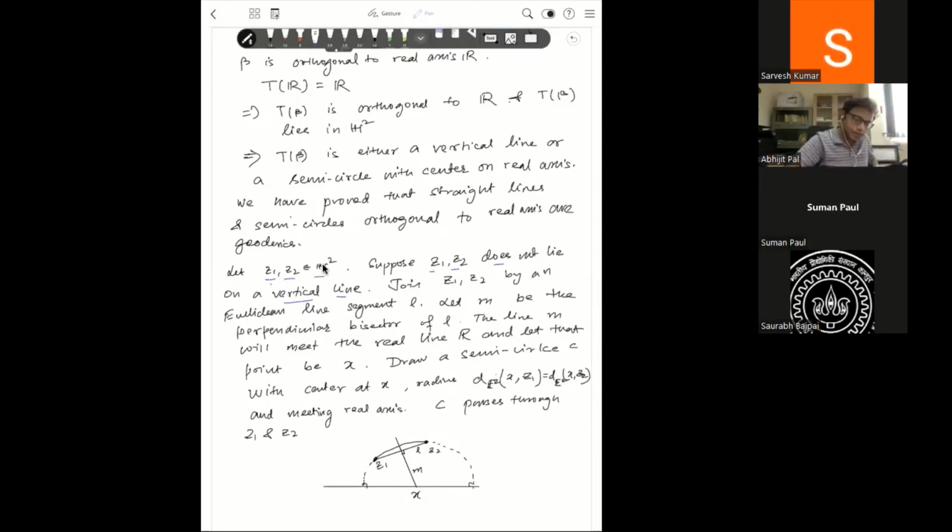So how do I do this? Now you do this with Euclidean, school geometry.